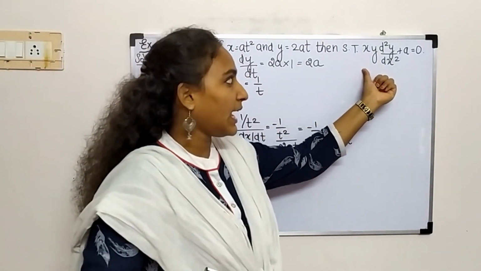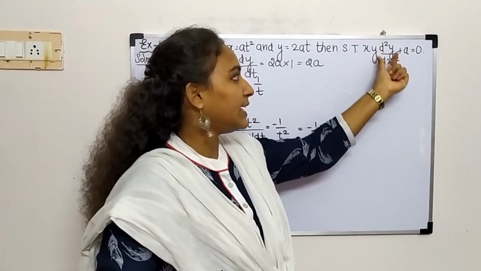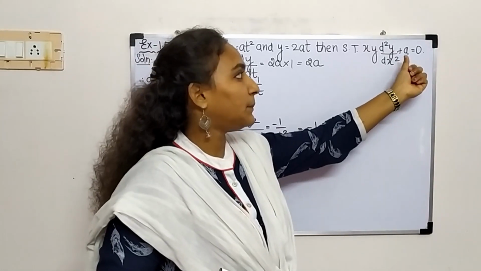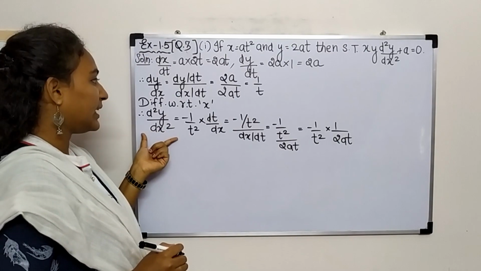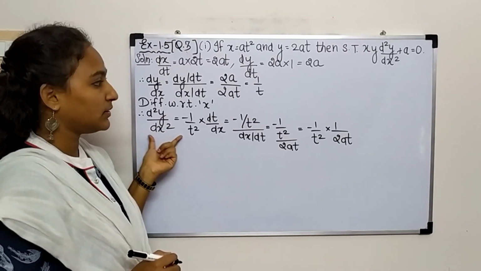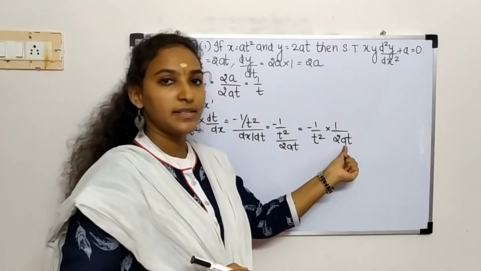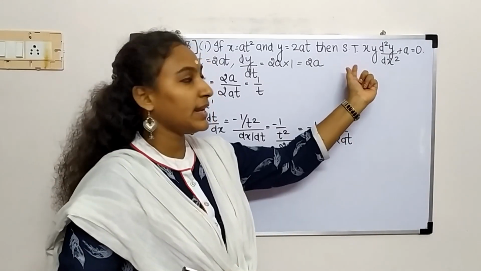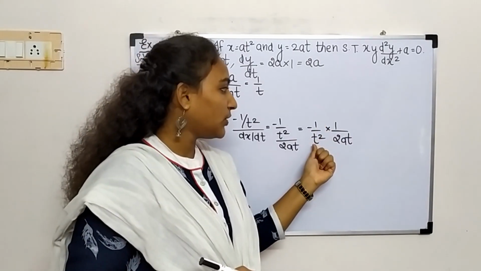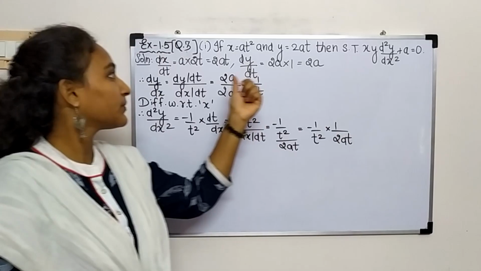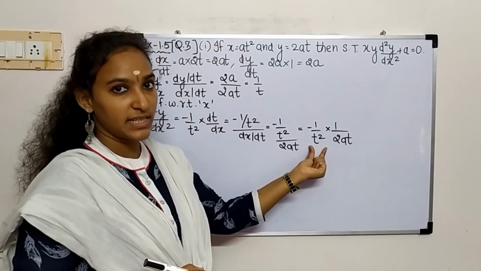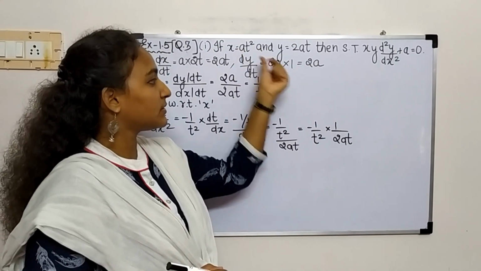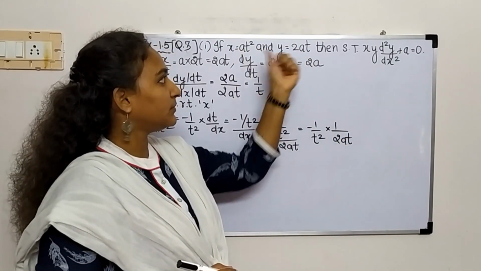So we require xy d square y upon dx square plus a equal to 0 in our answer. Already we have d square y upon dx square. a is present over here, but we require x and y. We are going to substitute for x and y using the given question. First let us find what is t square from this and what is t from this.